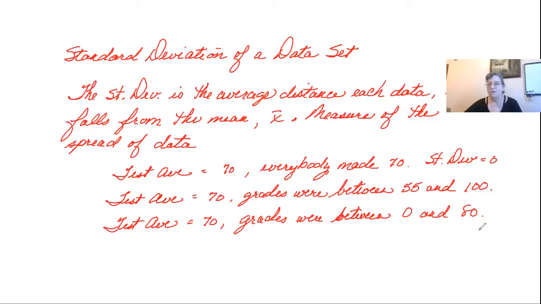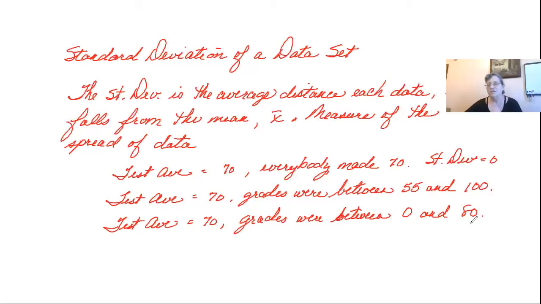If you've got a bunch of 80s and 70s, and then some in the 60s and 50s and a 0 thrown in, then you could still have an average of 70. So you've got a lot of 70s and 80s, and then some really low grades. Okay, I would be much more worried about this one.